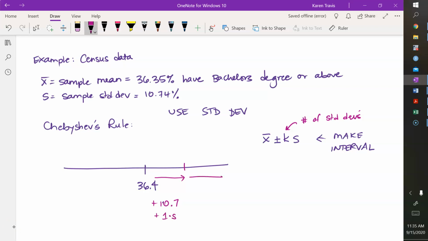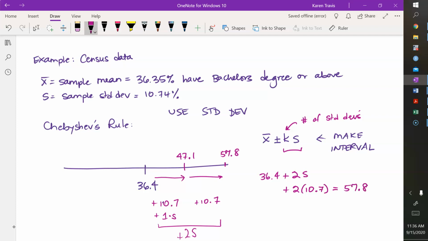If I went out another standard deviation, I would add an additional 10.7, and this would be plus 2 times s. So what are these values? This becomes 47.1, and this becomes 57.8. So if I took 36.4 and added 2 times 10.7, what I'm getting is 57.8.